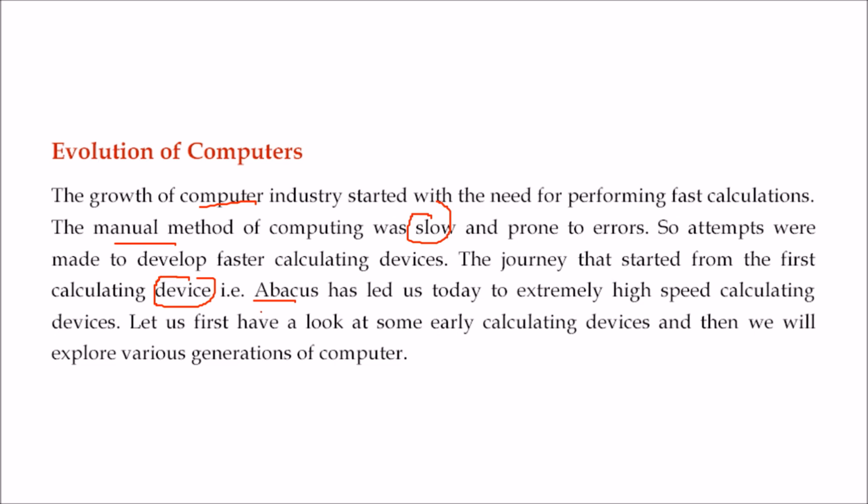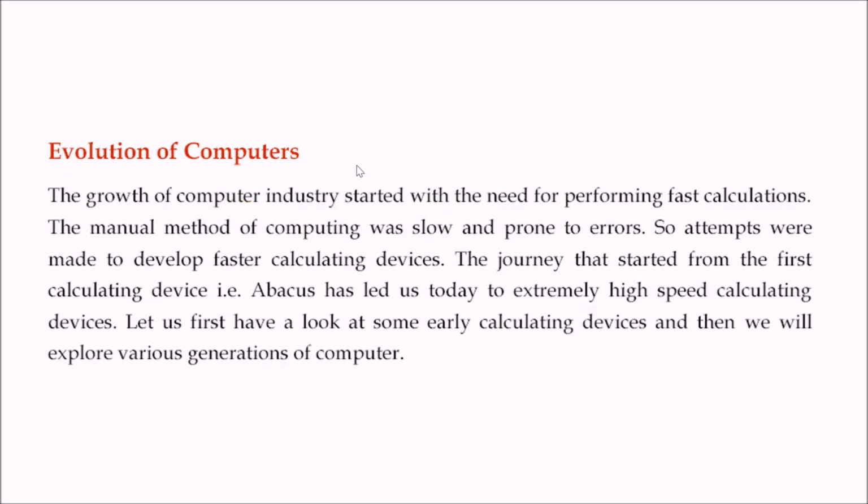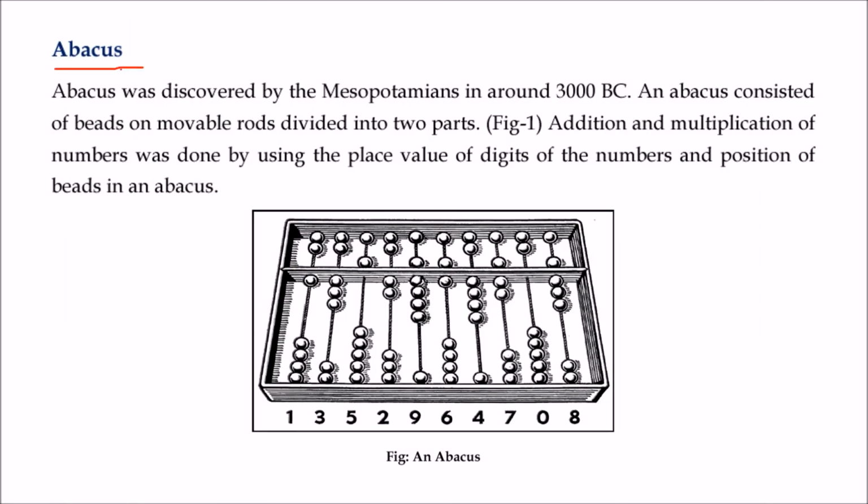And this was the device which we today also see, and it used to calculate. And then there are various generations we are going to see. So this was the abacus. Let us see how everything started.